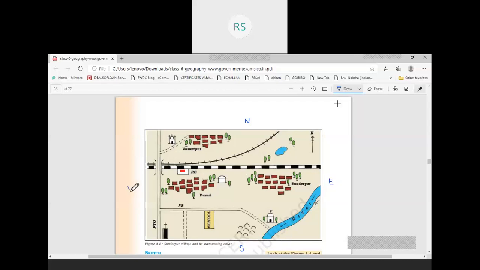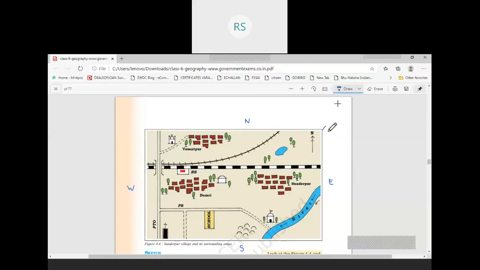Okay, so it should always be in your mind that north is on the top, south is on the bottom, on the right hand side there is east, and on the left hand side there is west. And these corners, which direction are these corners? This is northeast, because it is in between the north and east direction.